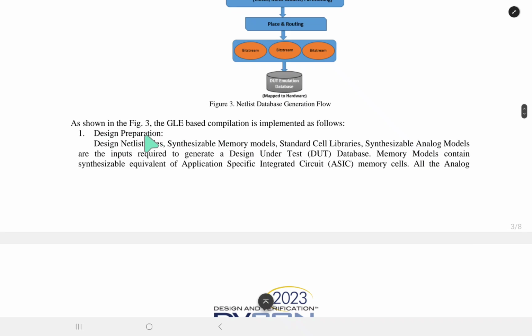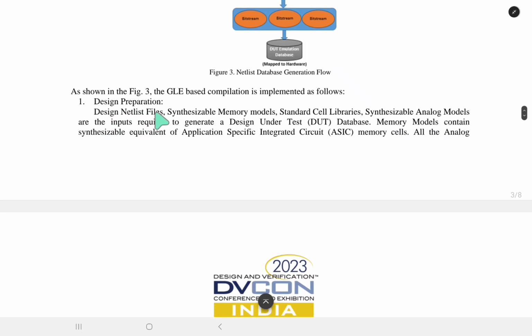1. Design preparation. The design netlist files, synthesizable memory models, standard cell libraries, and synthesizable analog models are the inputs required to generate a design under test (DUT) database. Verify that the memory models contain synthesizable equivalents of application-specific integrated circuit (ASIC) memory cells.